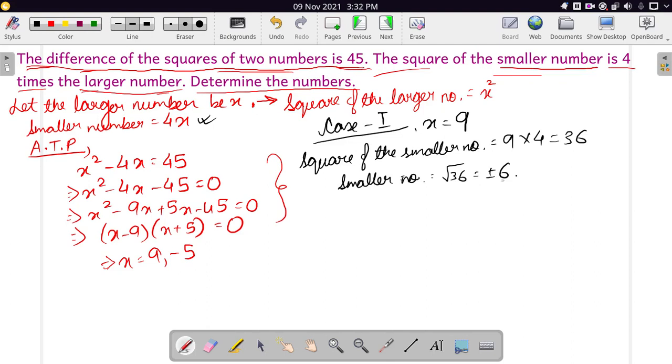Now thus the numbers are 9 and 6, or 9 and minus 6. These are the two solutions that we are getting. When x is equal to 9, the smaller number is plus 6, and it can also be minus 6. This is our case 1.